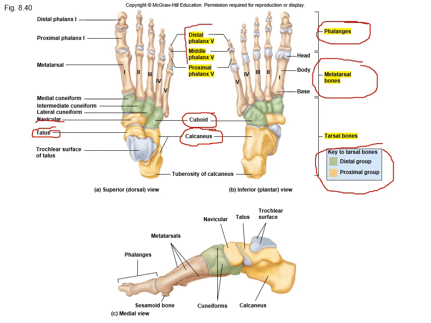Notice how those 3 only apply to numbers 2 through 5, because your big toe, number 1, the hallux, only has a distal and a proximal phalanx. So it only has 2, where the rest of them have 3.